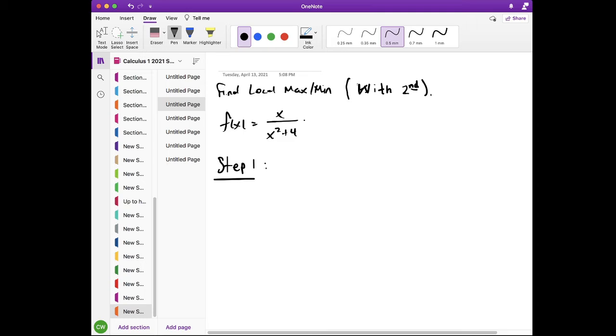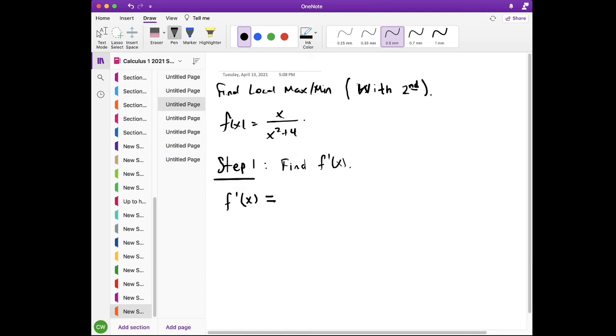Yes, find derivative. What rule do we need to use for the derivative here? I assume you all know it because we just had the quiz on it. It's the quotient rule. Good, yeah.